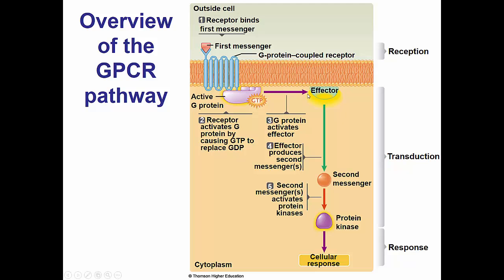The G protein then activates its effector enzyme, and that effector enzyme will go on to produce a second messenger. This is the major source of amplification in this pathway because, as you remember, production of a second messenger is one way that we can amplify a signal. Then this second messenger can go on to activate a kinase or some other kind of molecule that can go on to induce a cellular response.